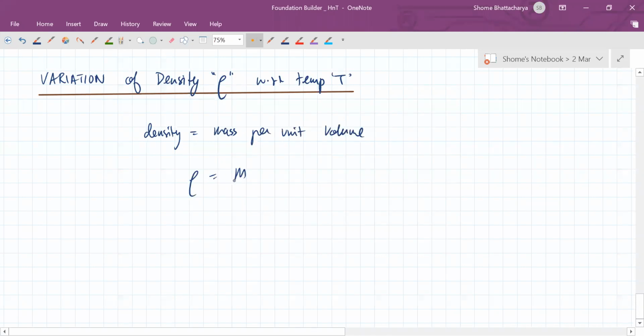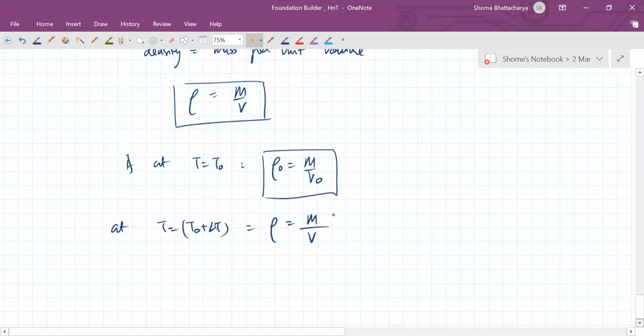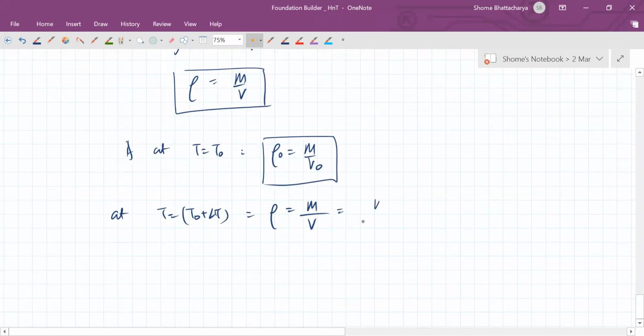So rho is equal to m by V. So if at T equal to T naught, the density is rho naught, then at T equal to T naught plus delta T, the density becomes that same mass but divided by the new volume, and that is 1 plus gamma delta T.